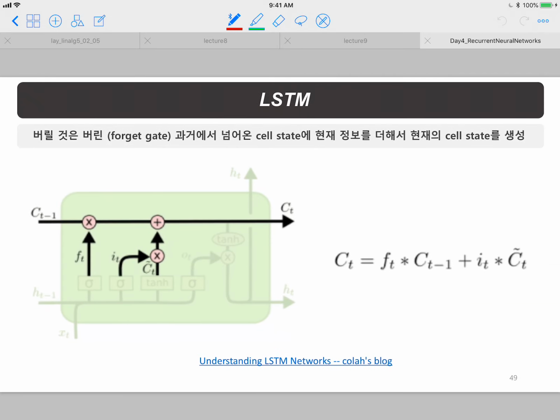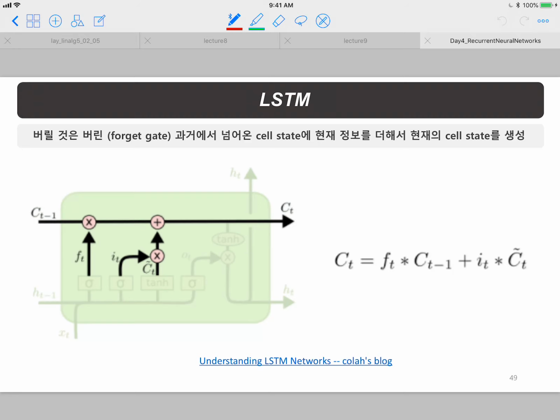Let's see. In the case of an LSTM, the hidden state information is essentially conveyed in the cell state, right?